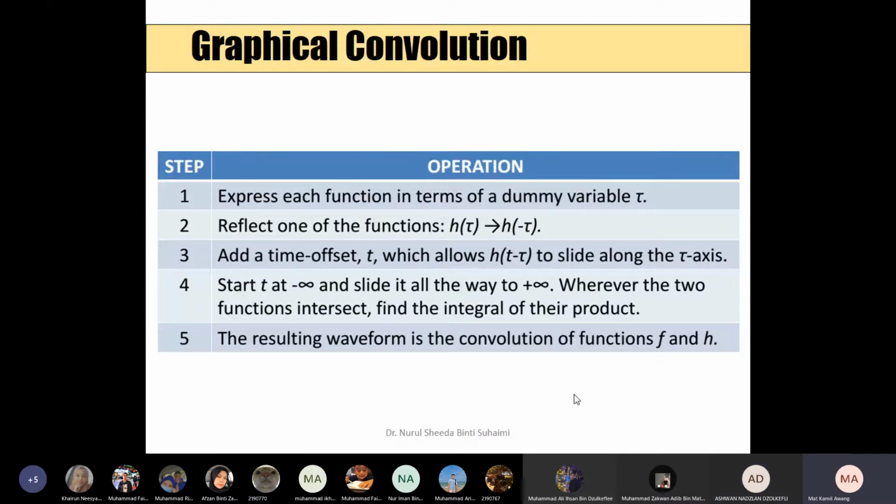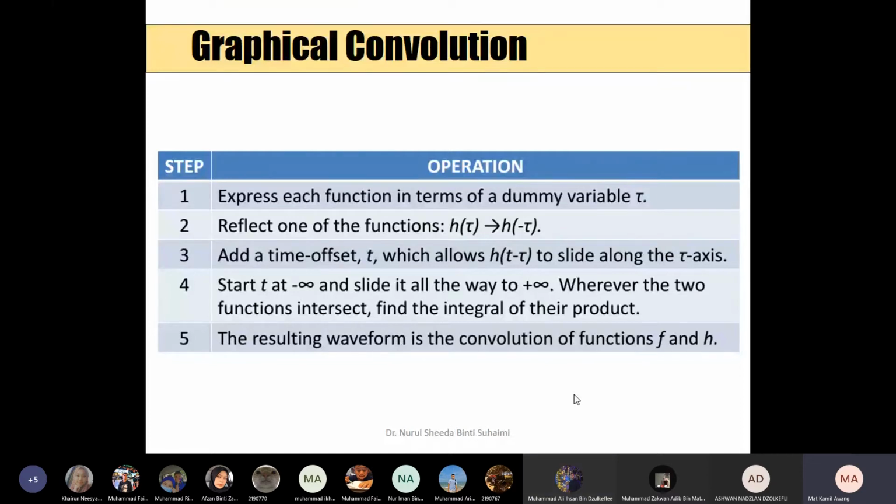Okay. So basically what I showed just now is all these 5 steps of the operation of convolution. Express the function in terms of tau, reflect one function, h of tau, to be h of minus tau. Then add the time offset t, which allows h of t minus tau to slide along the tau axis.